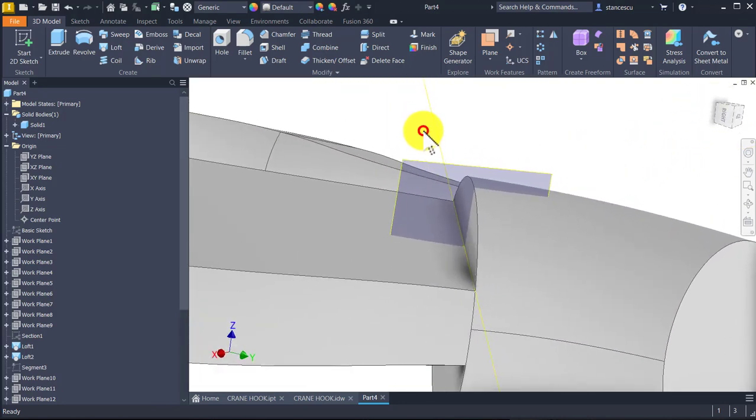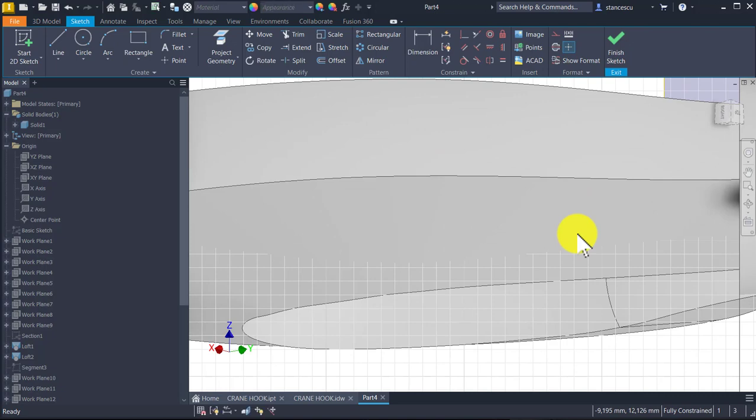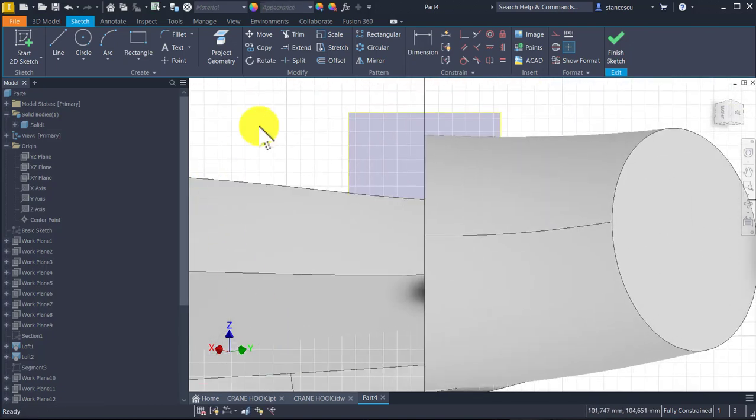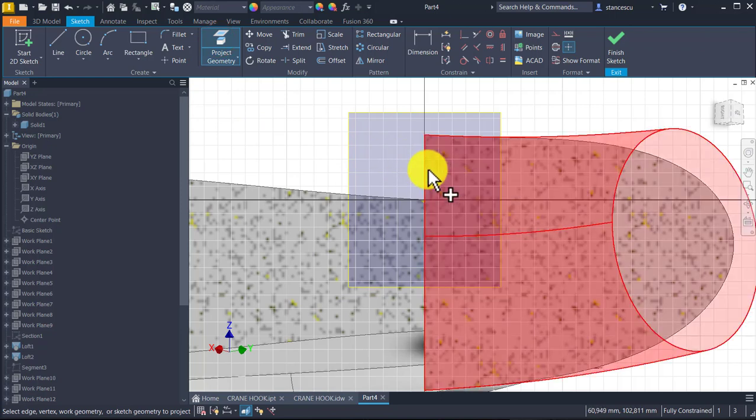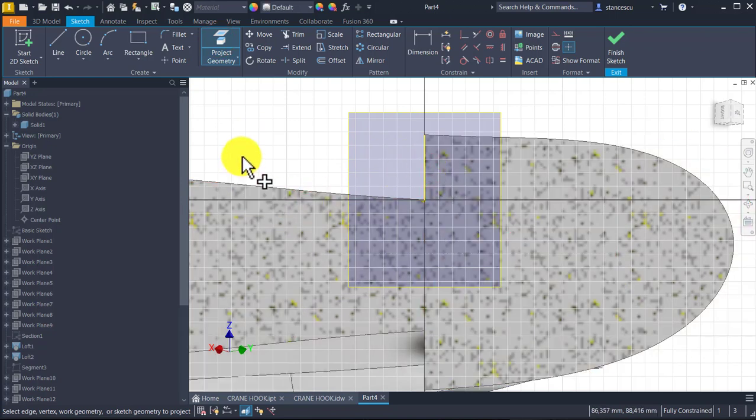Yes, and we draw now a sketch. You see, this point is right perpendicular to this plane. F7, we project the arc here, so that we have a good start for a construction.